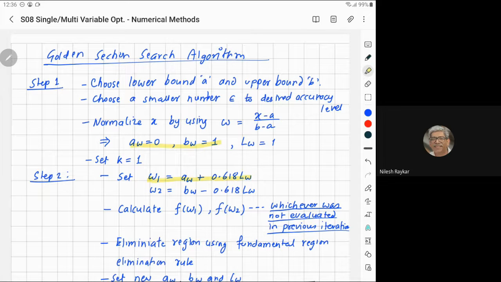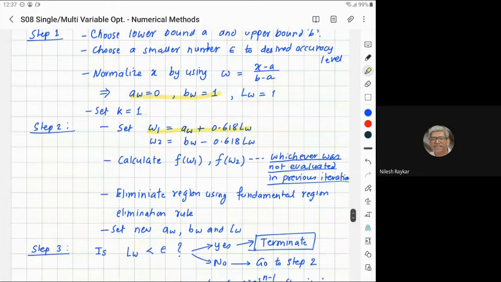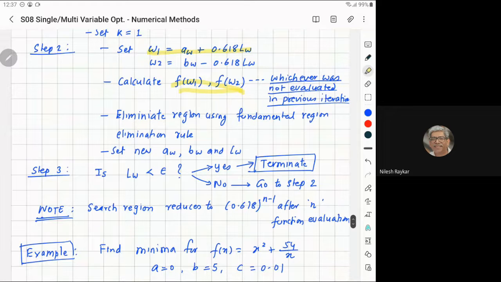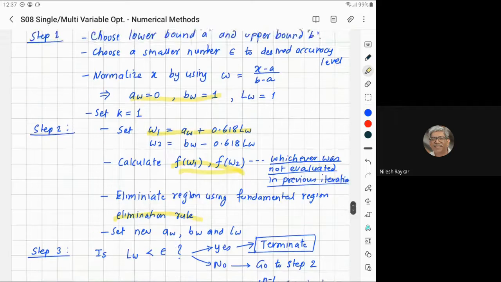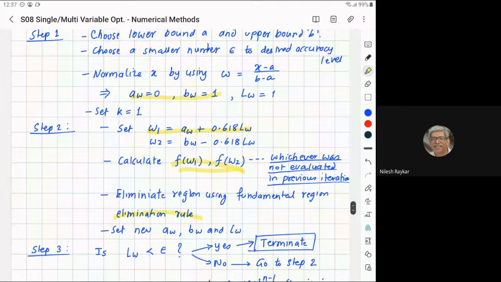We'll see at the end of this lecture one more solved problem where we'll be using this golden section method, and there this will be useful. Then evaluate these 2 function values and use the elimination rule. One way to remember the elimination rule is that whichever is the taller side, the adjacent part you have to cut off.